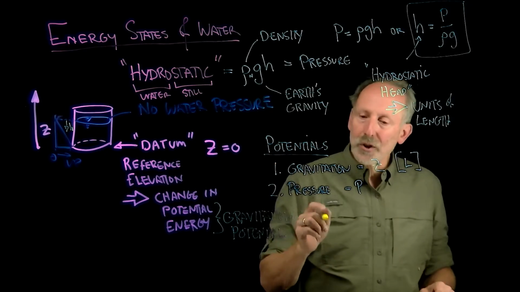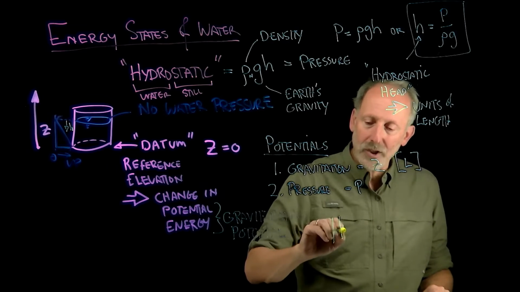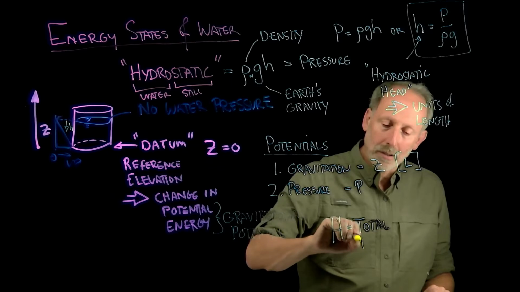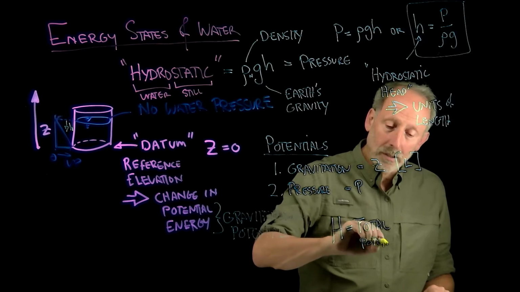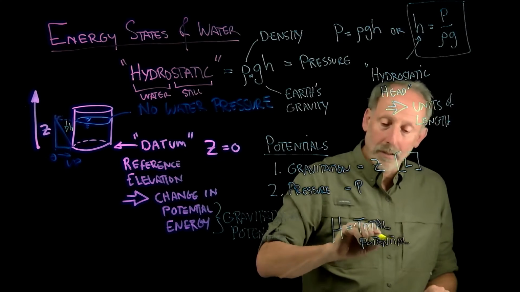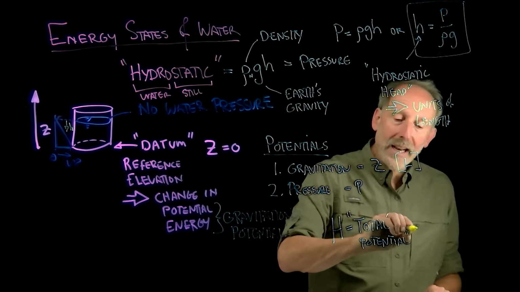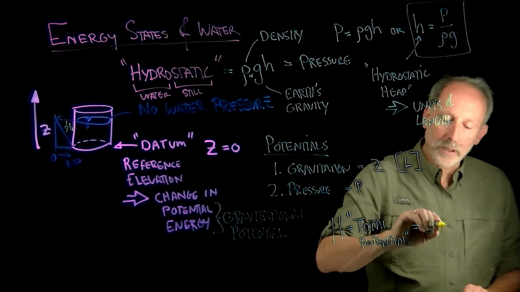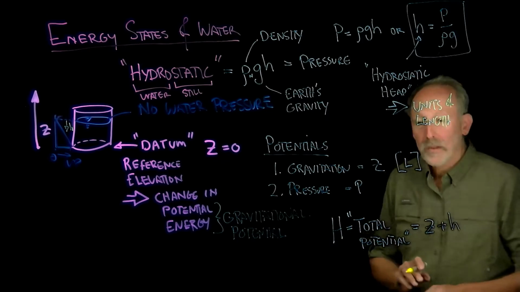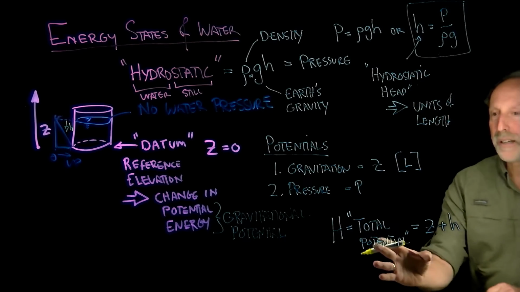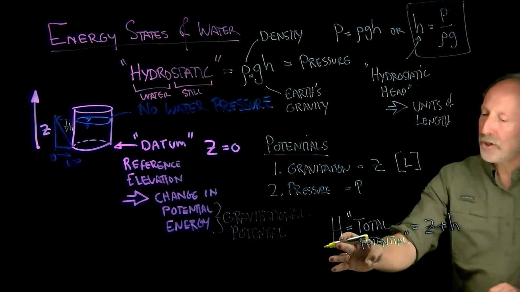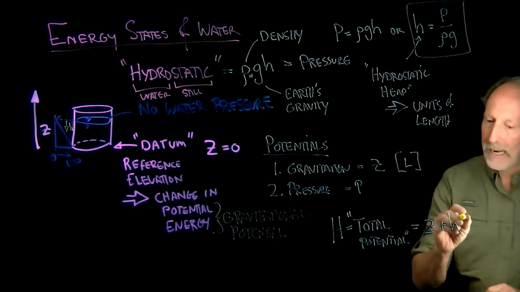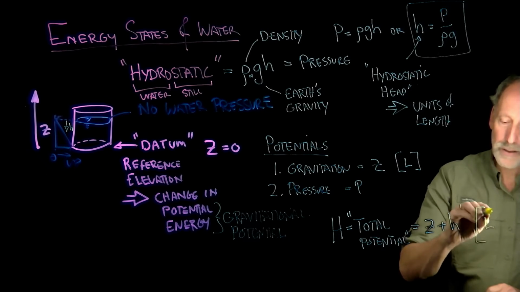Typically, what I use notationally is a capital H, which I'm going to call the total potential, and I'm going to say that that's equal to Z plus h. Okay? And so what I've done here is I've defined a potential which combines gravitational and pressure potential. It's going to have units of length.